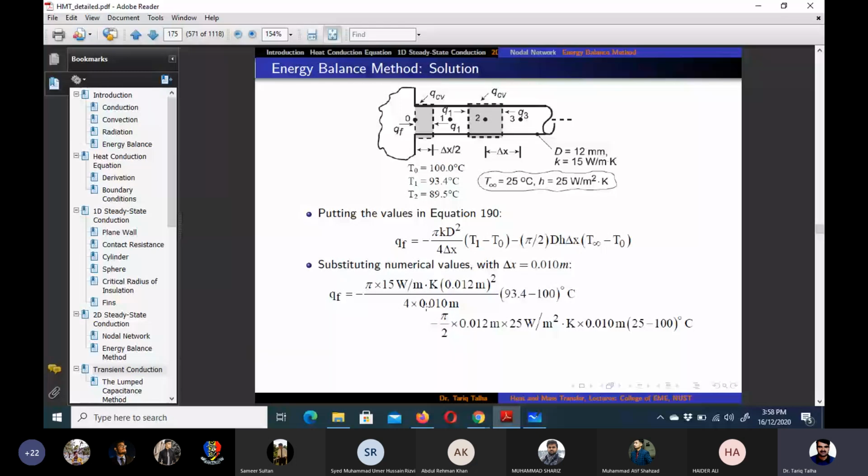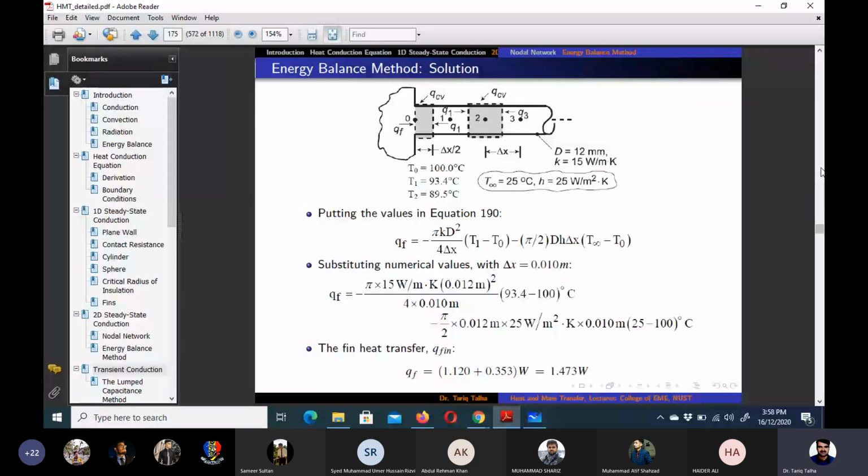And then pi by 2 dh value is also given 25, and delta x again 0.01, and 25 minus 100. So from here we can calculate QF. So that would be equal to 1.473 watt.